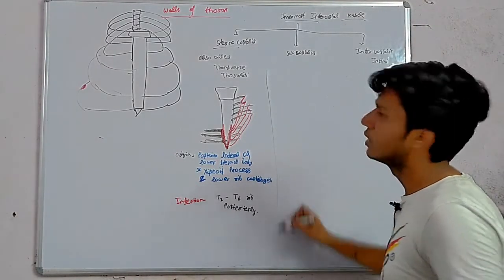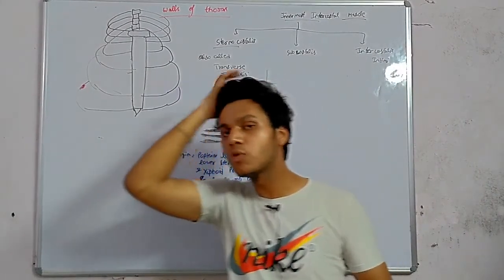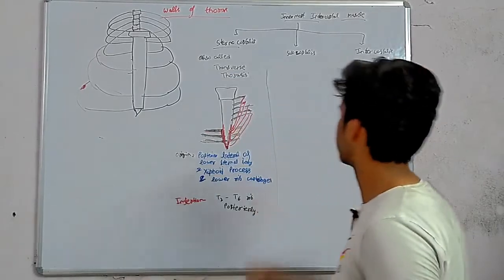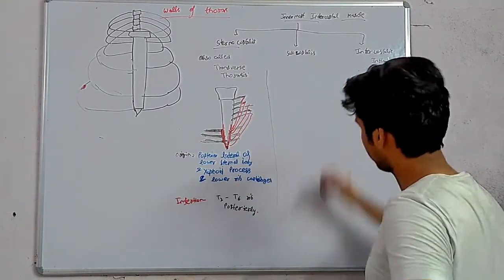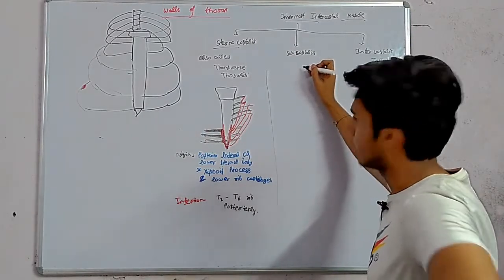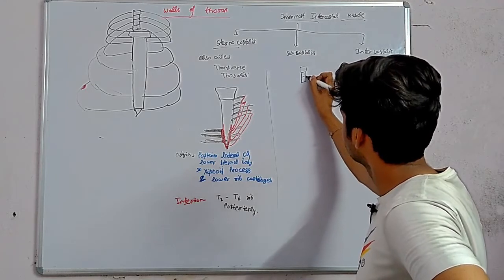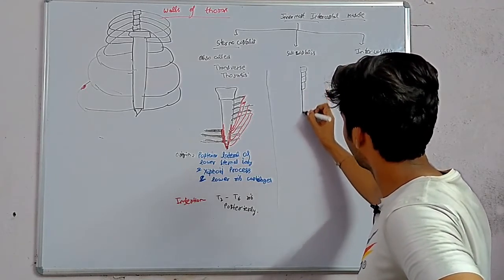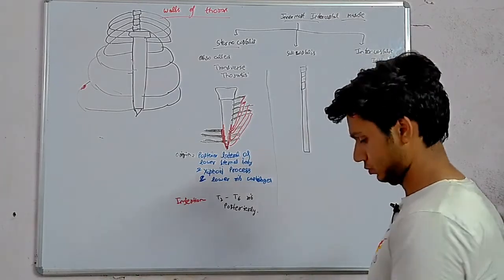Here it is also present in the posterior aspect, meaning the innermost thorax muscle, but it is present on the vertebral column side. So first we draw the vertebral column here. Let's say this is a vertebra.